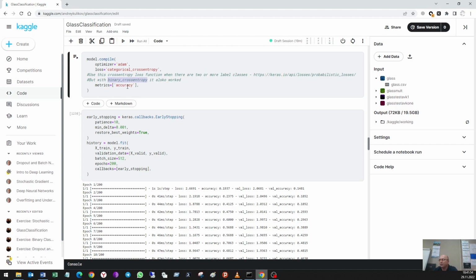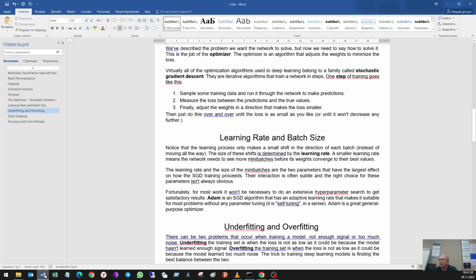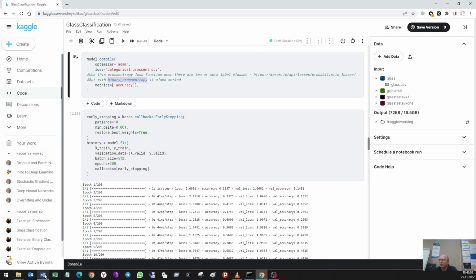Wonderful. And put the metrics here. What else do I have? I have learning rate and batch size. Okay, so here I will use early stopping and put here the batch size and the number of epochs.